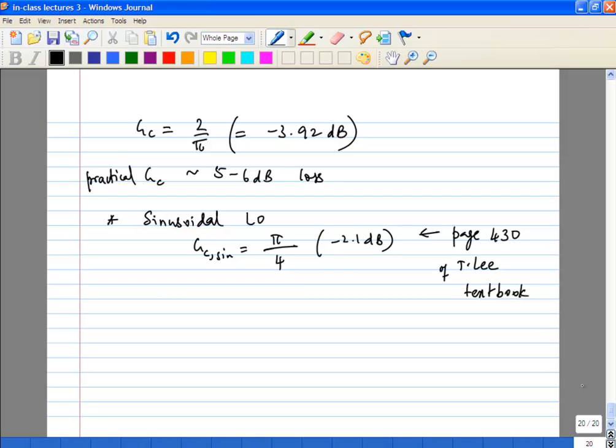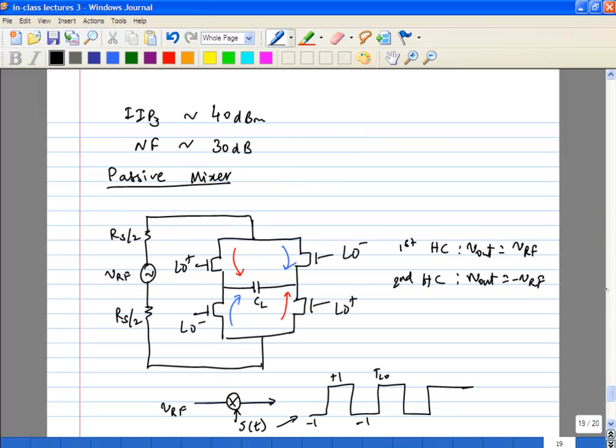Now the next thing to do is, you've added this capacitor at the output. What is the transfer function of the capacitor?